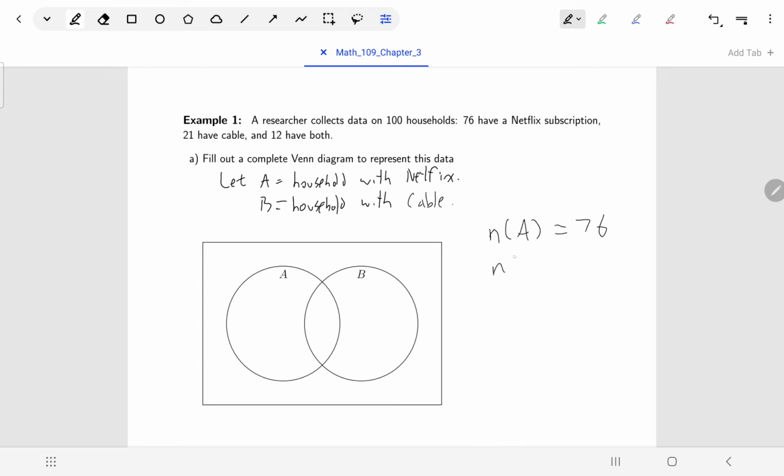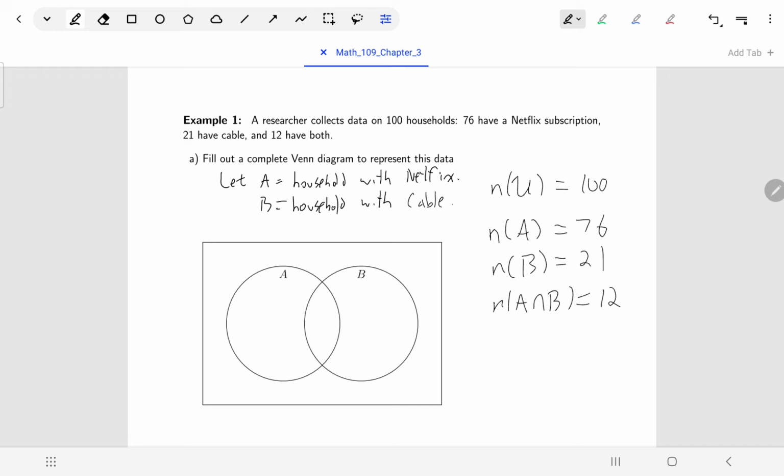We've got 21 households with cable, so the size of B, the cable set, is 21, and 12 is how many households have both Netflix and also cable. So that would be the number of things in A intersect B. That should be 12. The other number that we should make note of is that there were 100 households. So our universe, the rectangle, in total should have 100 things inside of it.